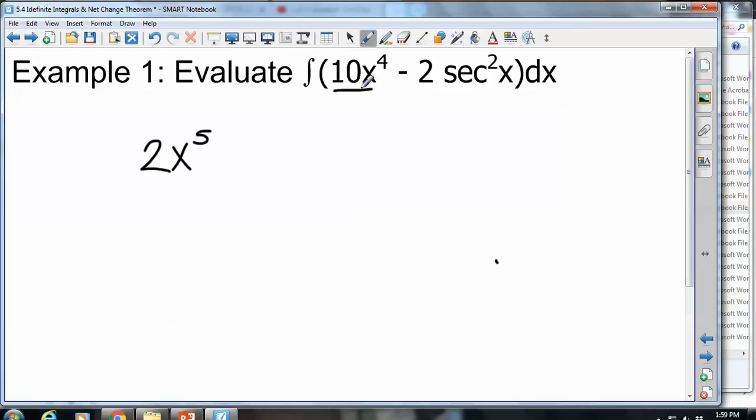Are you guys okay if I start skipping that step where I write that part out? Plus 2 secant squared x. What has a derivative of secant squared? What do we need on this one? Plus c.